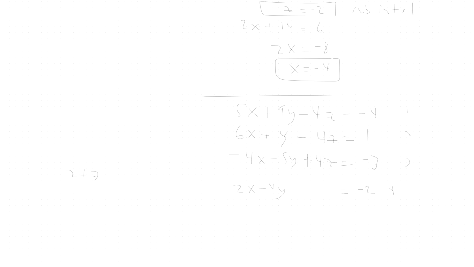We're going to add to eliminate? Yeah, 1 plus 3. 5x plus negative 4x is 1x. 9y plus y is 10y. And the z's will cancel out when you add 1 and 3. Negative 4 plus negative 3 is negative 7. That's equation 5.